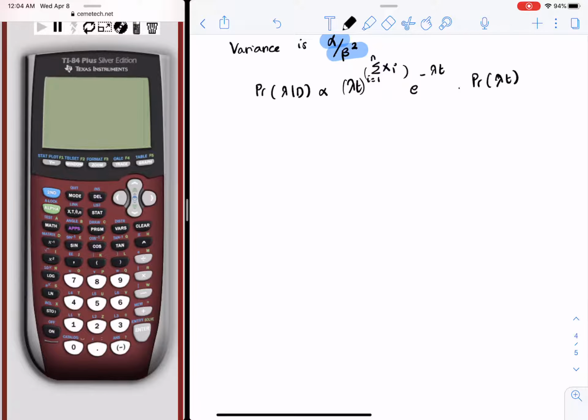Call it lambda star, equal to lambda t. So the probability of lambda star given the data is proportional to lambda star raised to the sum from i equals 1 to n of xi, e raised to negative lambda star, and the probability of lambda star.